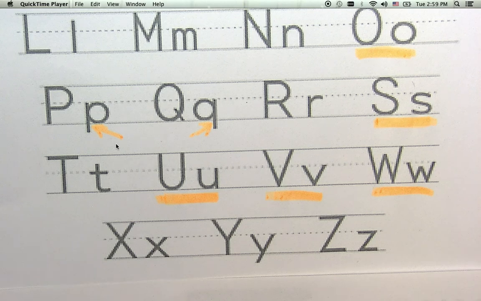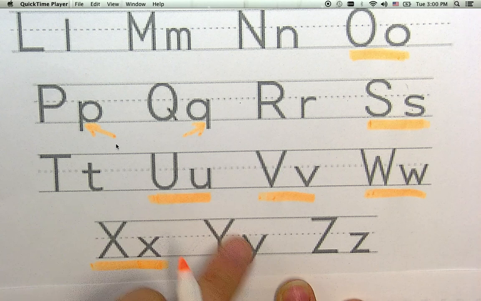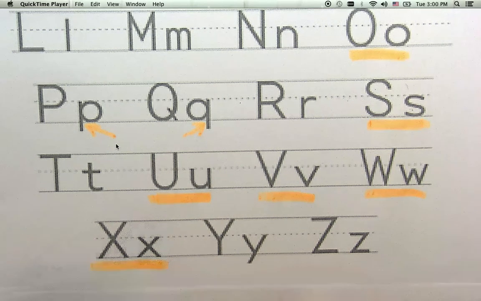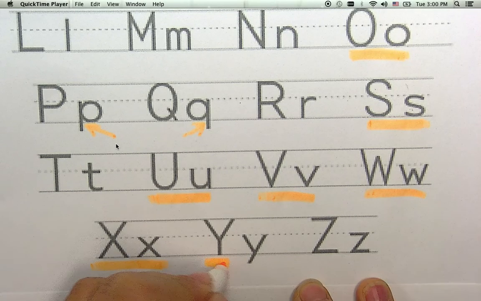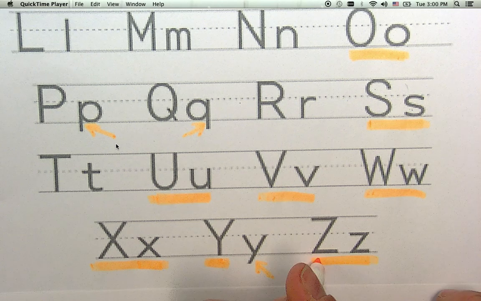X, Y, and Z. X does not change shape, therefore we must remember to change the size. Y changes shape just a little bit, but the really important thing is the size changes and the tail of the small y should be below the line. And Z does not change shape, but it does change size.